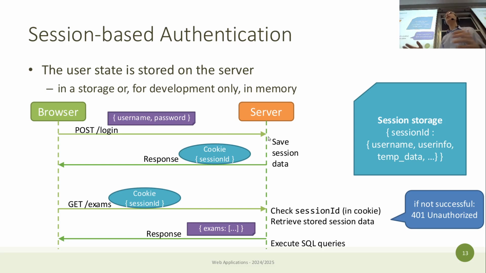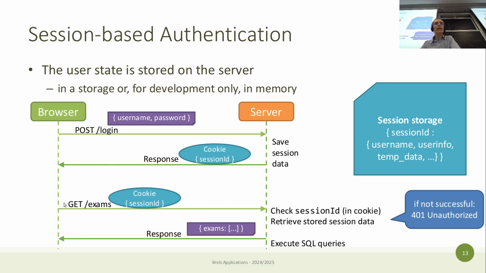The first thing it does is send a username and password, two values we call credentials, toward the server, and the server will check if they correspond to somebody that has the possibility to authenticate on its system. If yes, it will answer with a cookie that will contain some information, the name and value of the cookie.